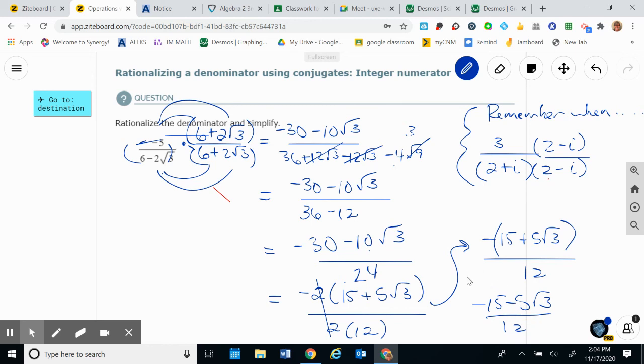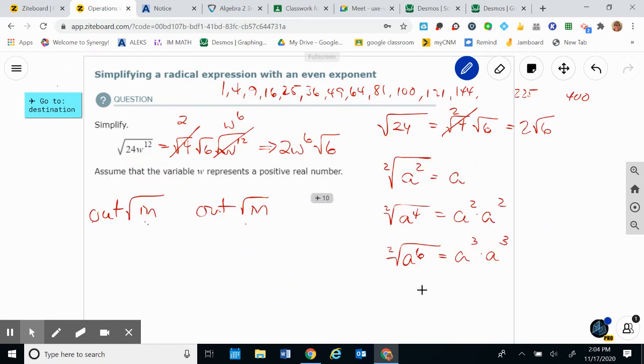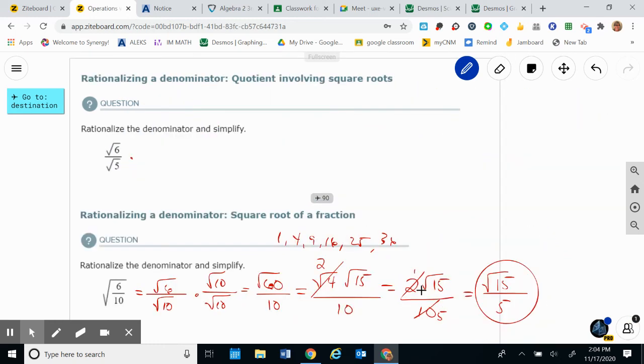It could be either one. This is probably the better choice. All right. I guess that's it.